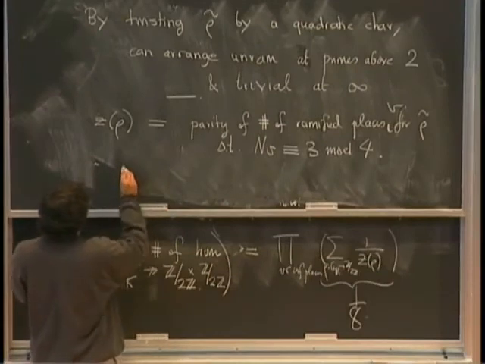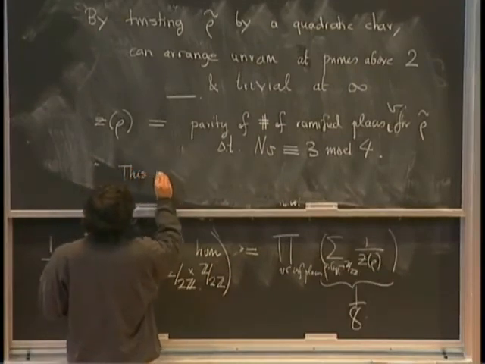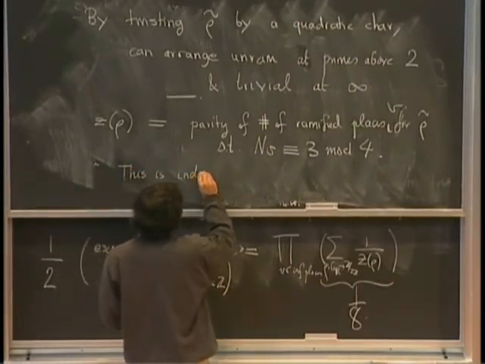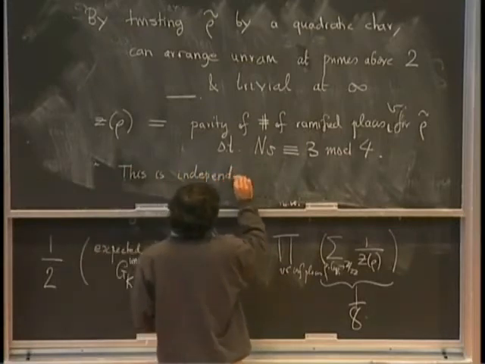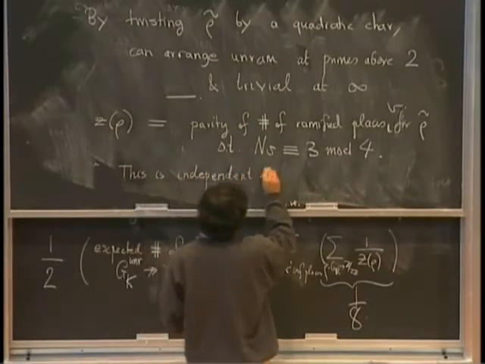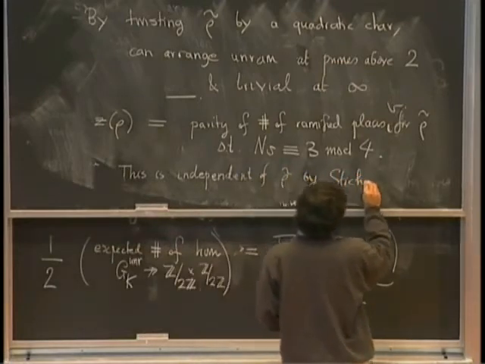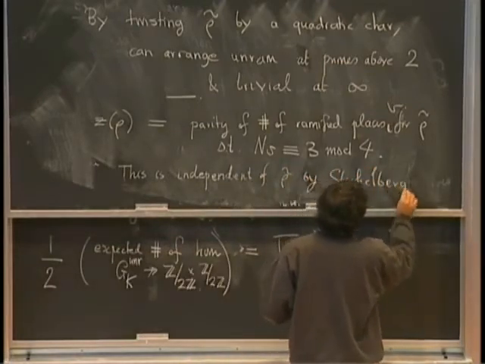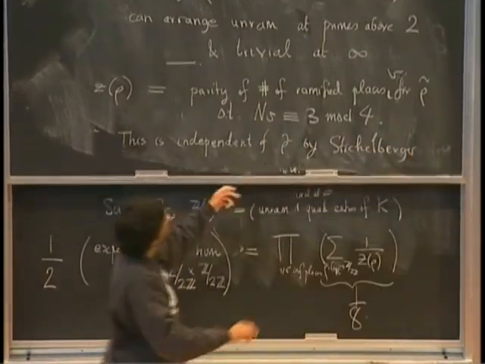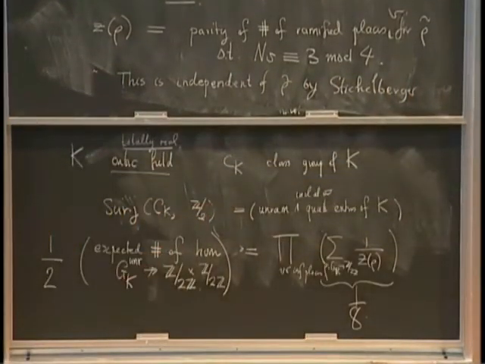So this is independent of rho tilde by some sort of Stickelberger type theorem. The prediction then is that this divides up the things we're looking at into 2 sets, both of which look of the right size.